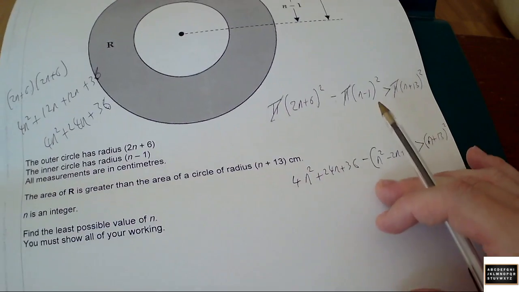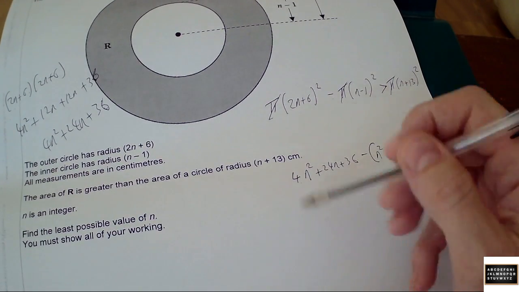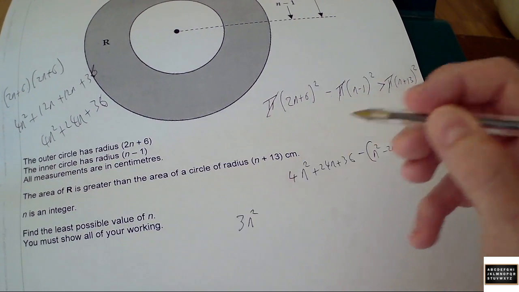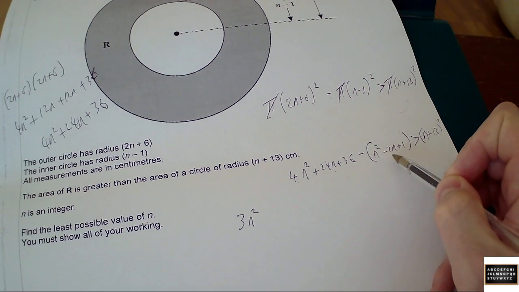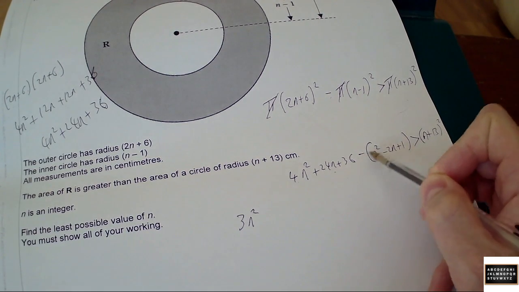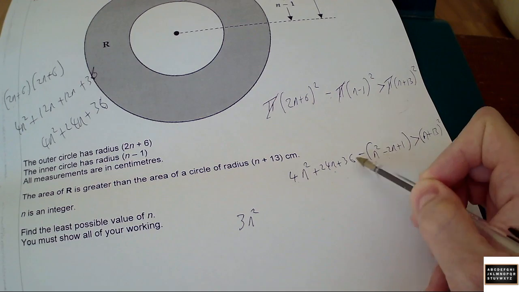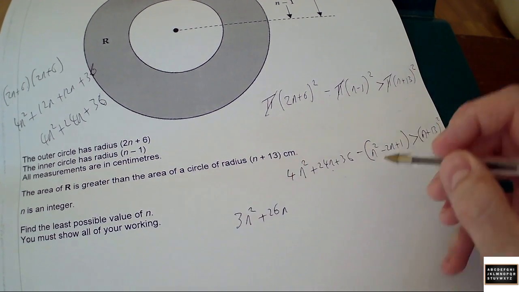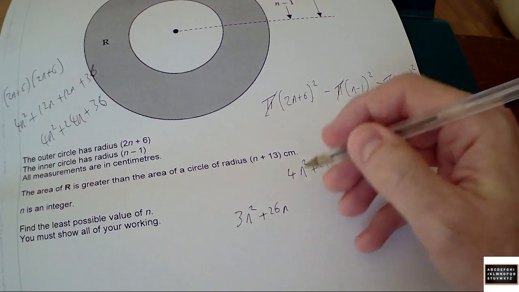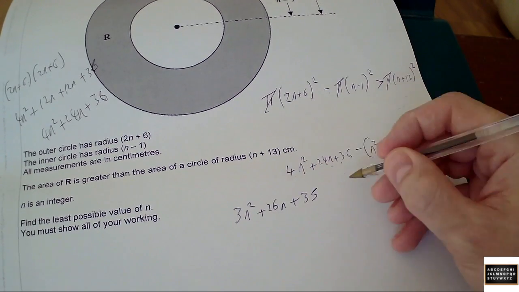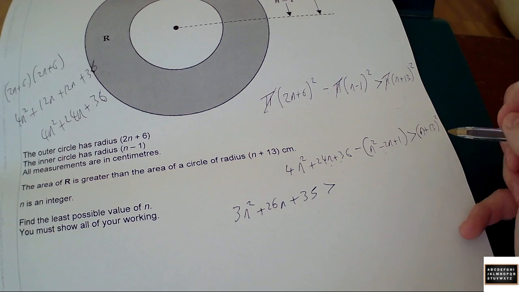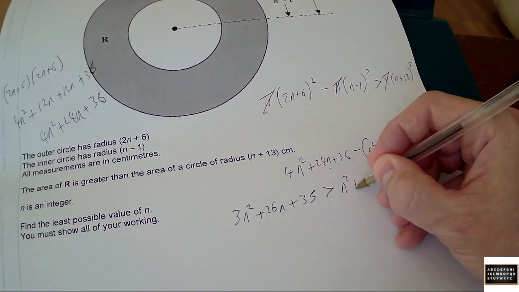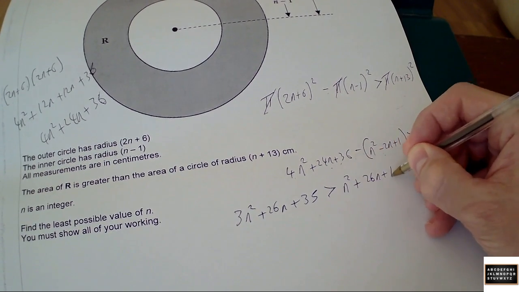On this side, we do 4n squared take away n squared, that's 3n squared; 24n minus minus 2n, two minuses make a plus, so 24n plus 2n makes 26n; and then 36 minus 1 makes 35. Now we'll multiply out these brackets, so that's n squared plus 26n plus 169.